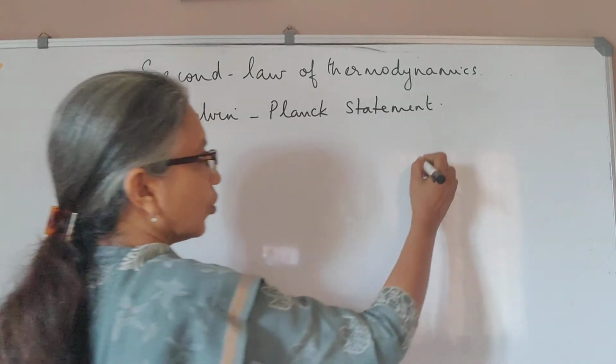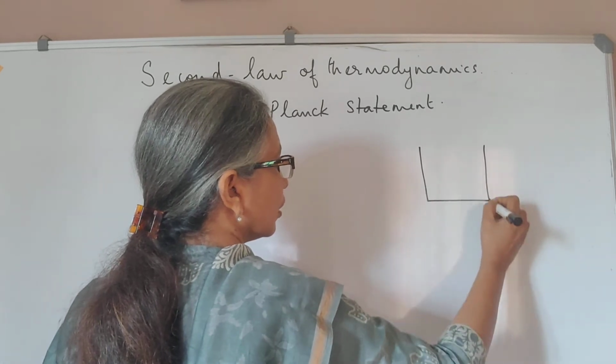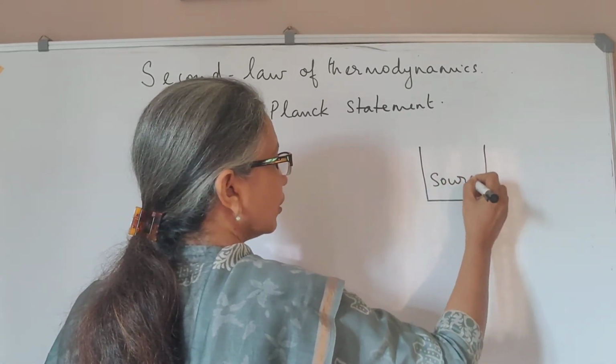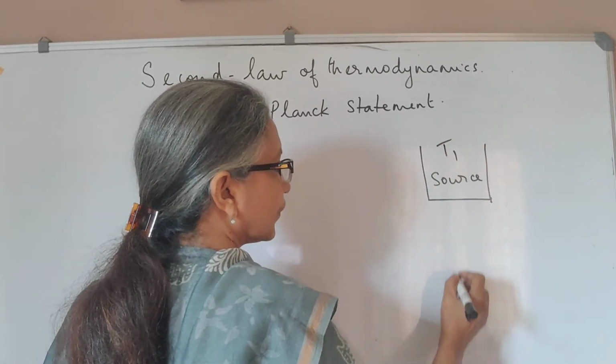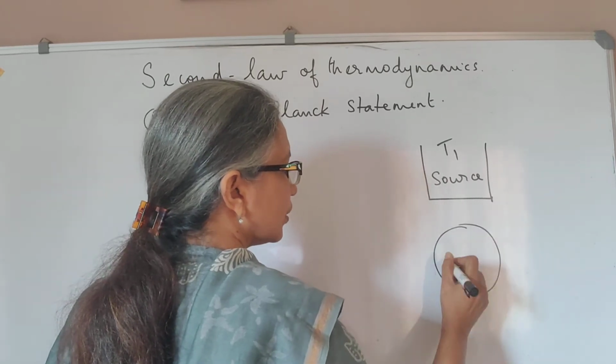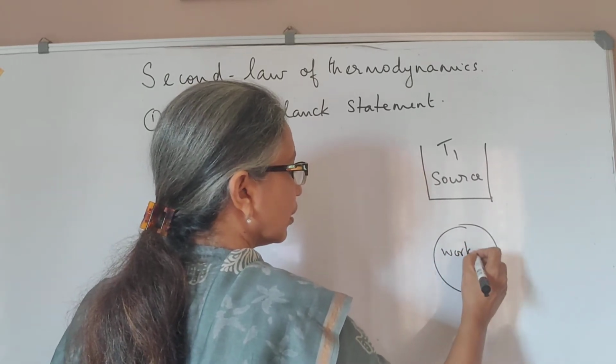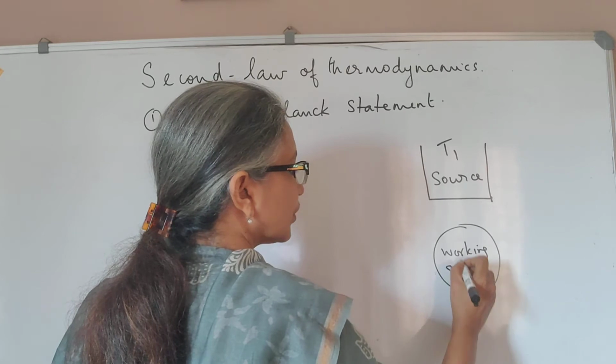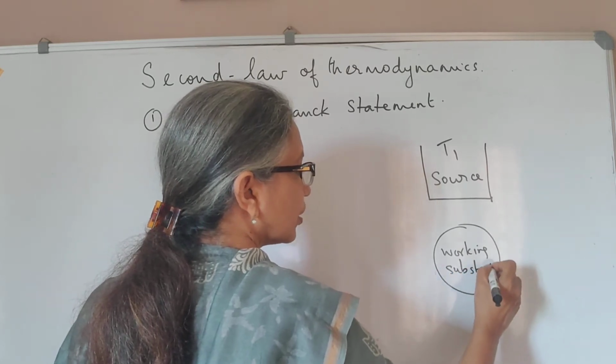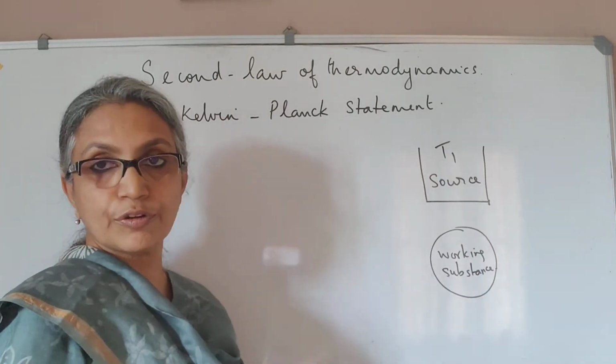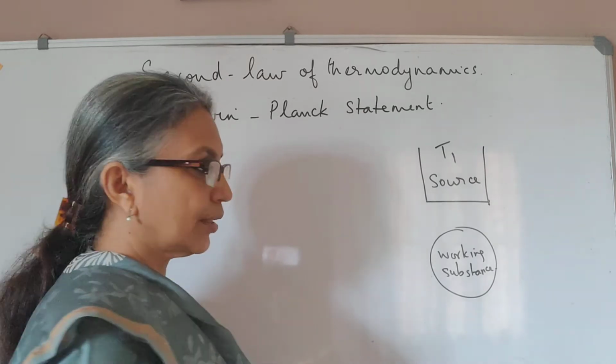So you will have a source which is at a higher temperature, let's say T1. We have a working substance. If it's a petrol engine, the working substance will be a mixture of petrol vapor and air.